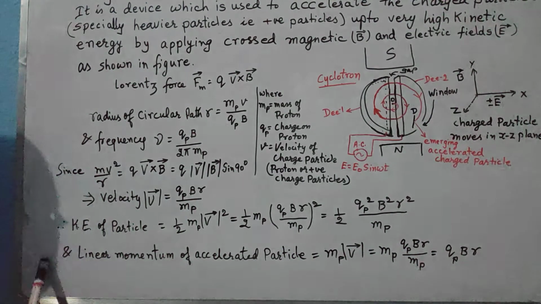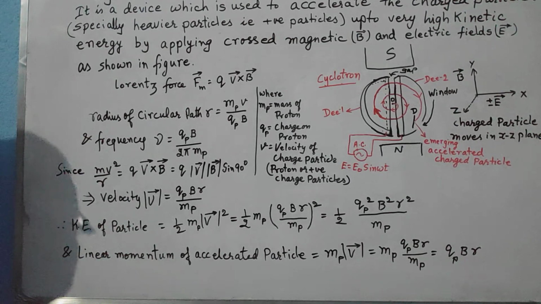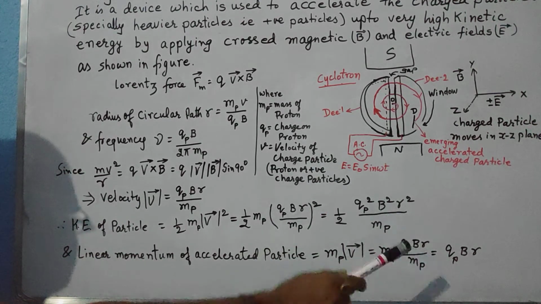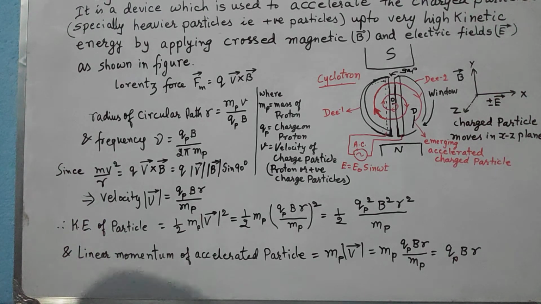So in both these equations, you see that the kinetic energy as well as the linear momentum depend on the radius. Greater is the radius, greater is the kinetic energy and greater is the linear momentum of the charged particle.